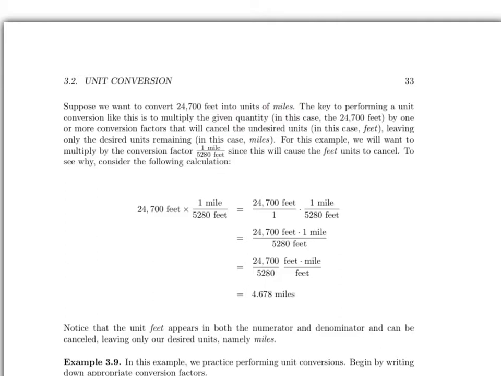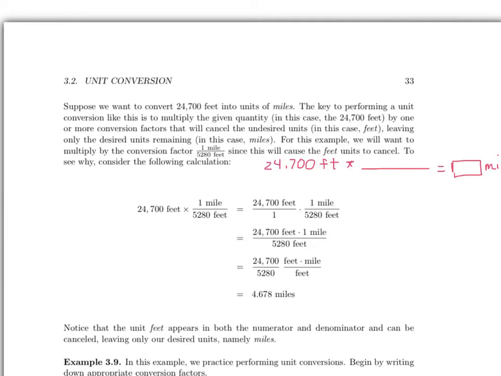In other words, we need to take our 24,700 feet and multiply it by some fraction, that's our conversion factor, so that when we're done, we'll be left with some numerical value and a certain number of miles.